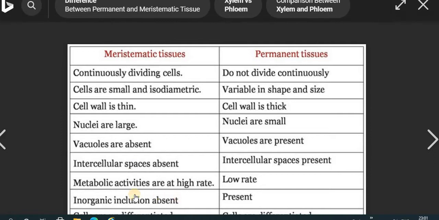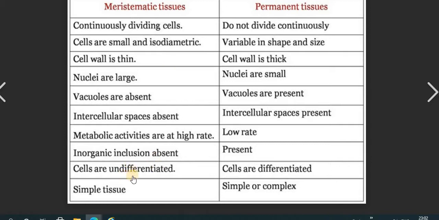In meristematic tissue the metabolic activity is at a high rate, meaning whatever metabolic activity is carried out by the cell is performed at a high rate, whereas in permanent tissue it occurs at a low rate. In meristematic tissue the inorganic inclusion is absent, whereas in permanent tissue it is present.